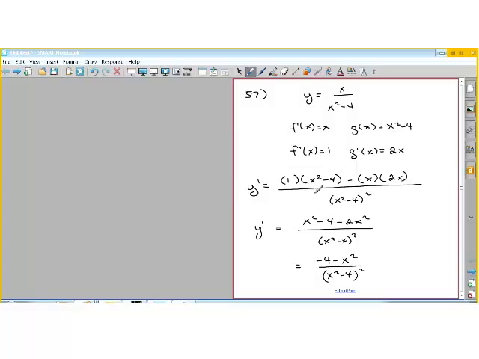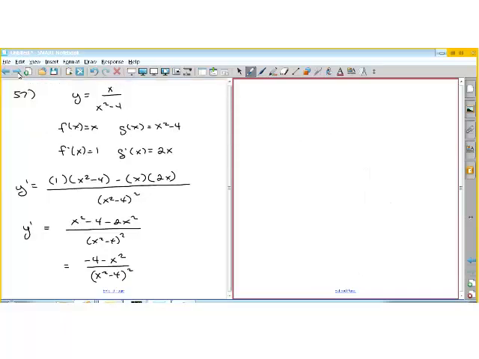Just make sure I did that right. Okay. So when is y prime equal to 0? That's where you find the critical numbers.